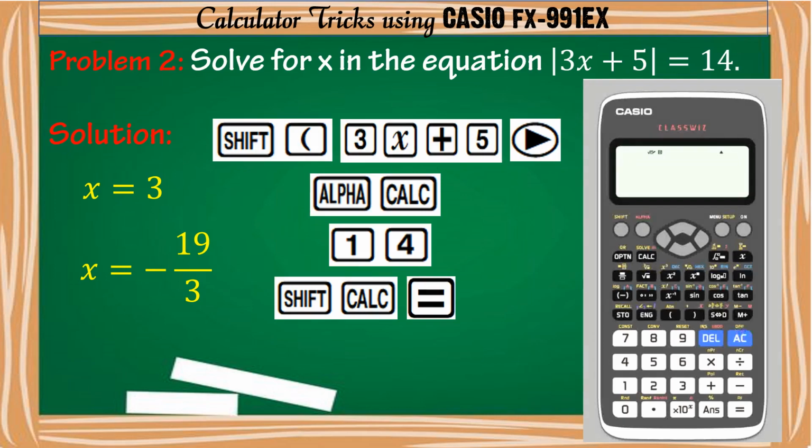So, let's do it. You have shift, parentheses, para lumabas ang absolute value sign, and then 3x plus 5, right arrow para po lumabas, alpha calc para sa equal sign, and then 14, and then press shift calc to get the value of x.